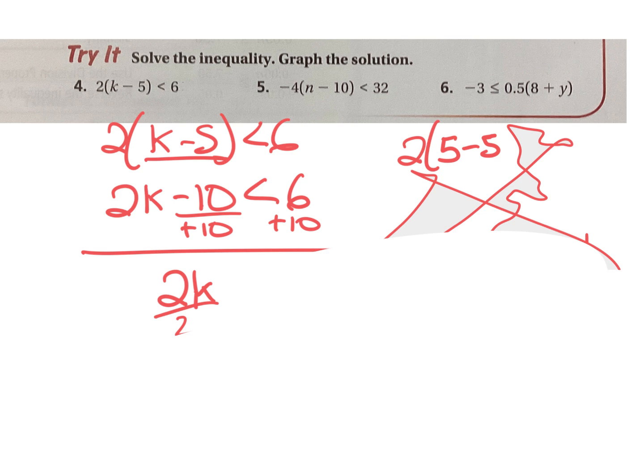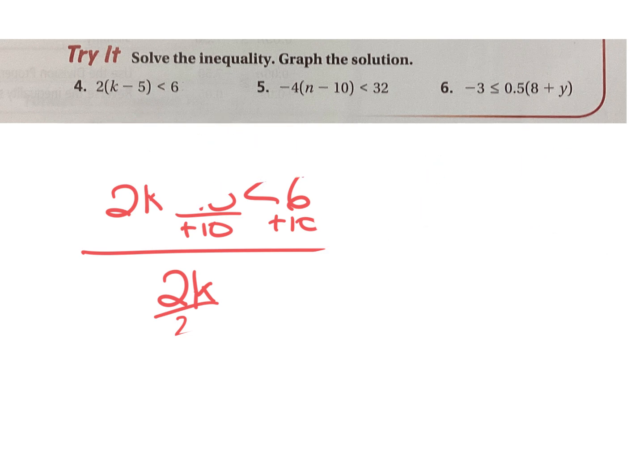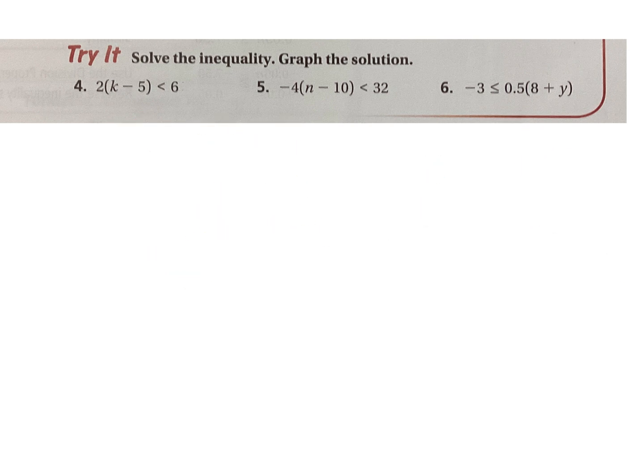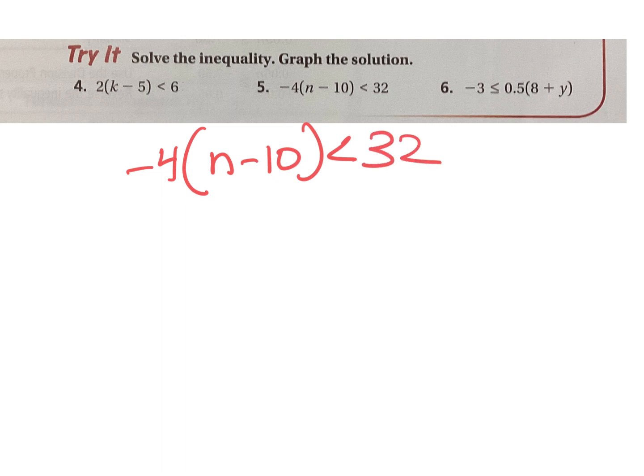Okay. And let's try one more. Number 5 says negative 4, parentheses, n minus 10 less than 32. So let's distribute this. Negative 4 times n is negative 4n.